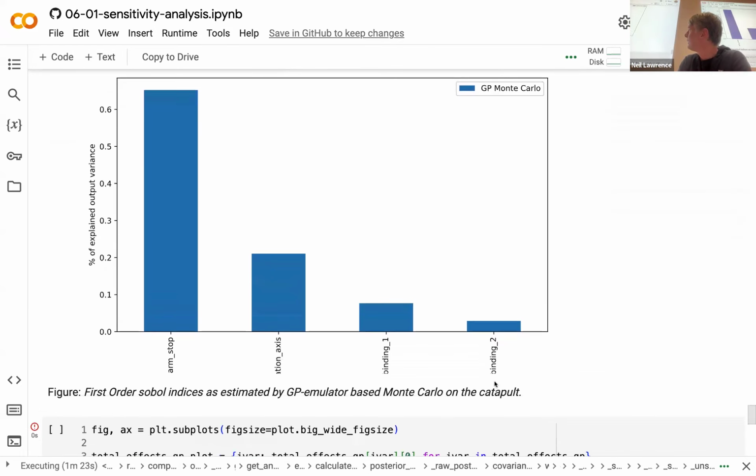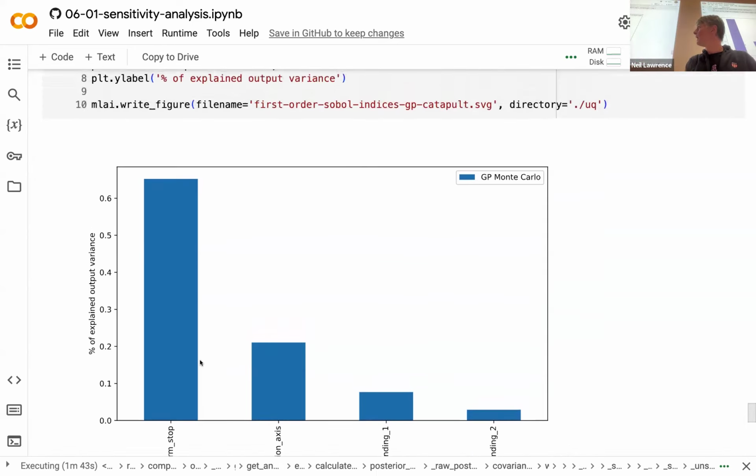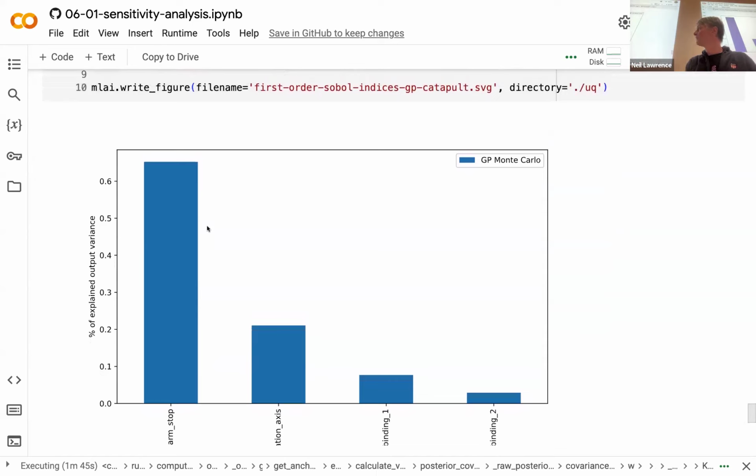Then eventually, after you've gone through that, it will give you a sensitivity analysis of the catapult. So I think Nicolas originally used this example for Bayesian optimization, how far to fire, but actually what you're doing with it here is using it to try and understand the Sobol indices. And I guess this is the first order Sobol indices of the catapult firing.